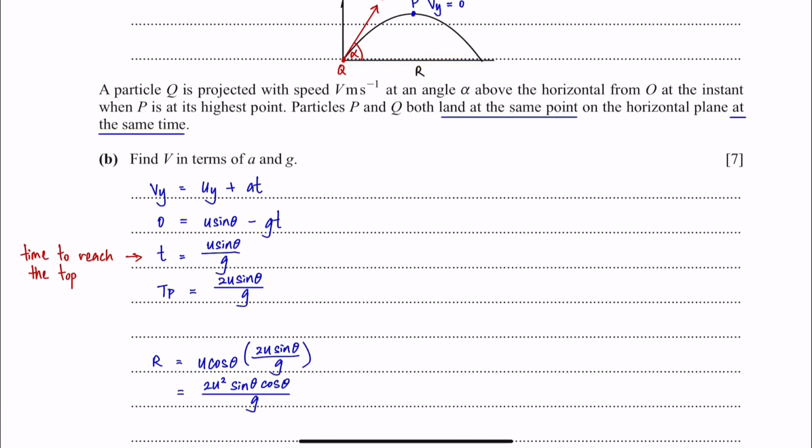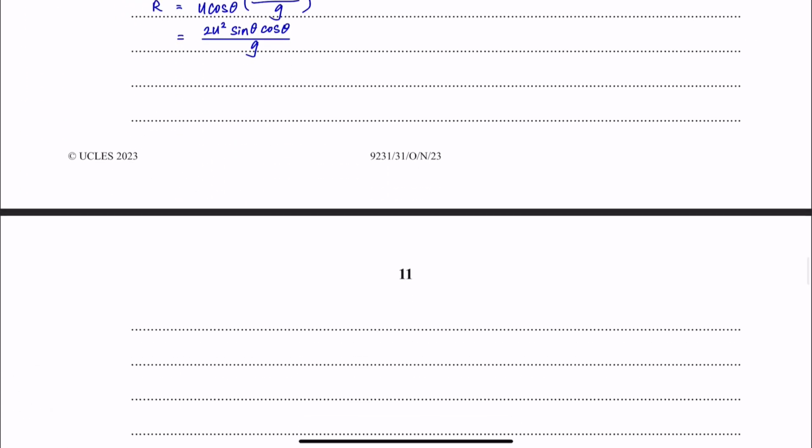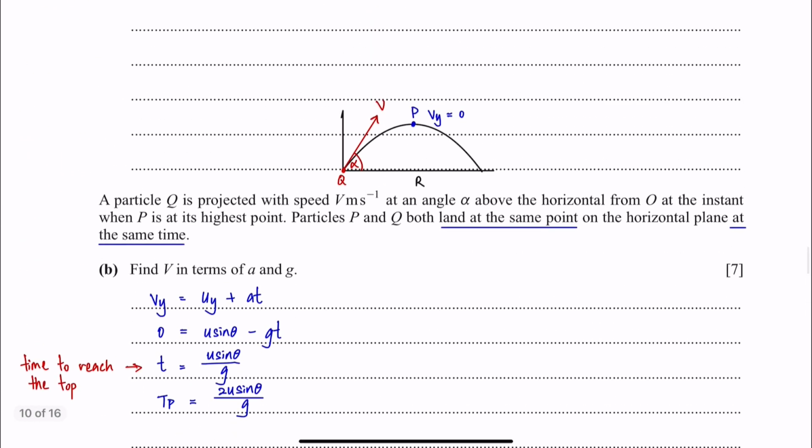We can find the horizontal component of velocity of Q. So the horizontal distance traveled is equal to the horizontal component of velocity Q, which is v cos alpha, times the time needed to travel from here to here.